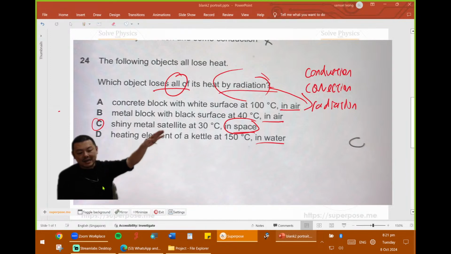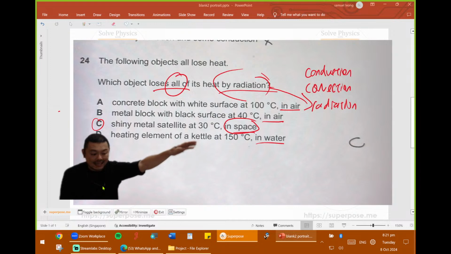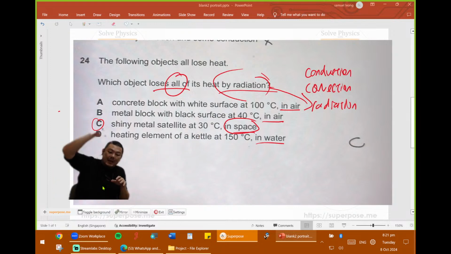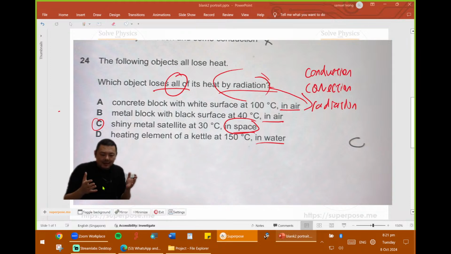So when this shiny metal satellite is in space, that means it's out there in outer space where there's no air. No air means no convection currents, right? Air is a poor conductor of heat, correct? But if there's no air, it means air was removed, then there's absolutely no conduction at all, right?